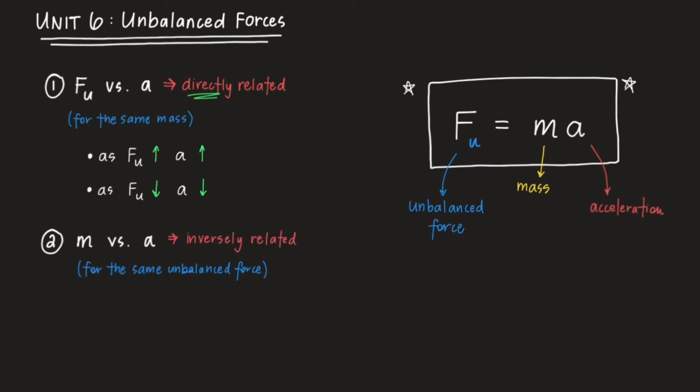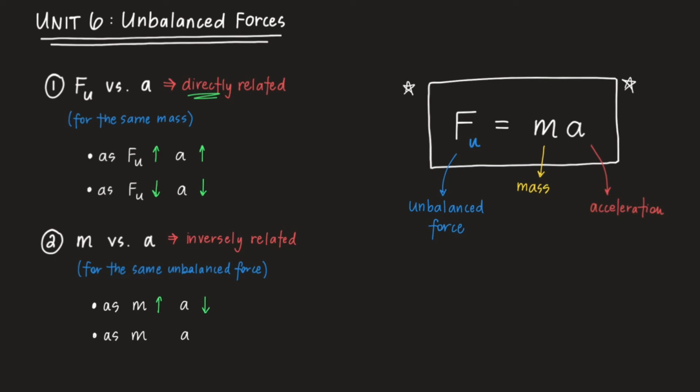At the beginning of the year, we did talk about negative linear relationships, so like a negative slope. As one thing goes up, the other thing goes down. An inverse relationship is similar to that, not exactly the same, but we can kind of think about it in a similar way in our minds. So this inverse relationship between mass and acceleration, you can think of it like if you're trying to push a car and a semi-truck with the same unbalanced force. Well, as the mass goes up, the acceleration is going to go down, right? It's a lot harder to get something moving that has a lot of mass.